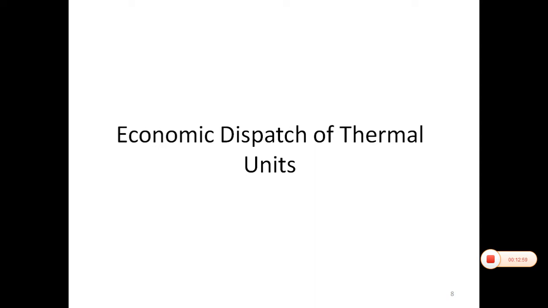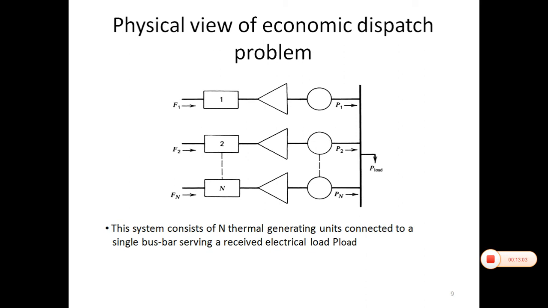Now next we have to look into economic dispatch of thermal units. For example, if we have an economic dispatch problem as shown in this figure, with n number of thermal units connected to a common bus supplying power to a load. For unit 1, the input will be F1, the fuel cost, and its respective output will be P1.